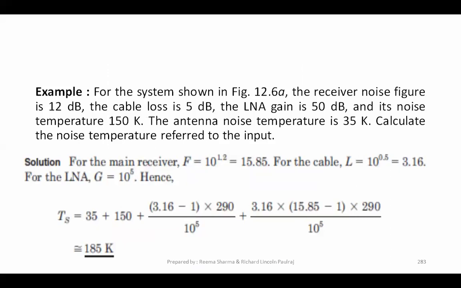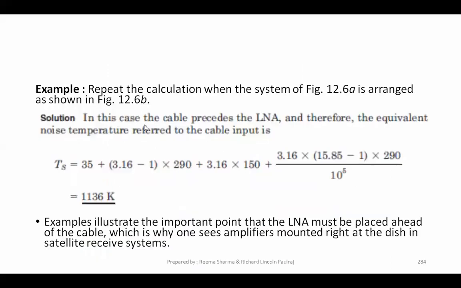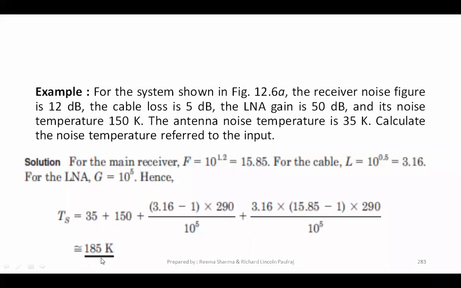TS is equal to 35 plus 3.16 minus 1, just a substitution. And then you can see that the noise temperature is about 1136 Kelvin. But in the previous one it was just about 185, which means the arrangement in A is much, much better.